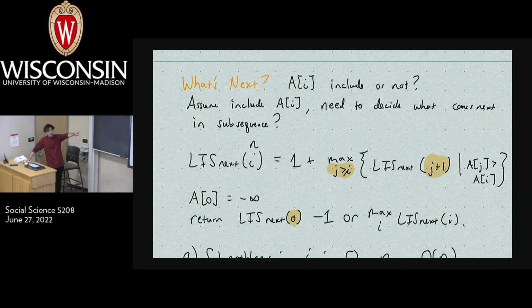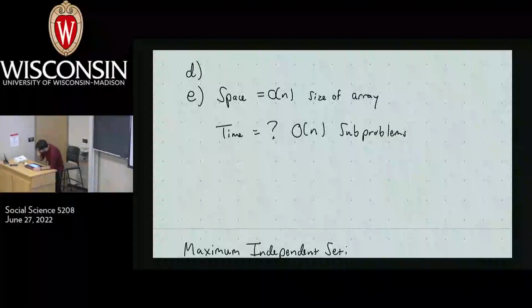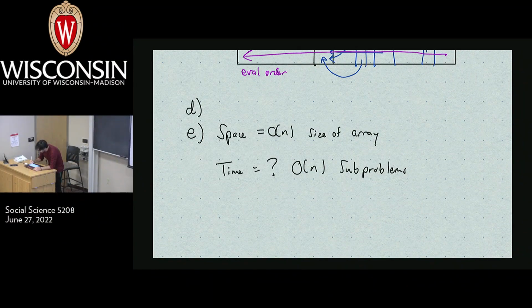Why? Because that max right there is basically a for loop over all possible j. So when i is close to 0, you're looking at almost every single thing in the array. So for each subproblem, you're doing n minus i work, which is O of n.